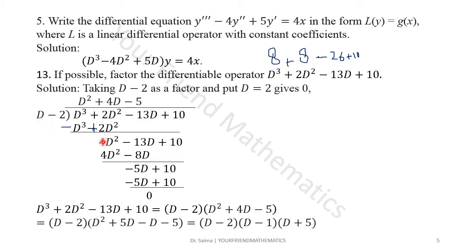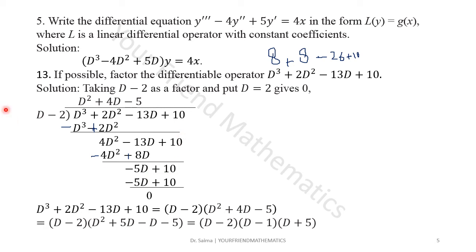Then to get 4D squared we multiply D by 4D. So we get 4D squared, then we multiply minus 2 by 4D, we get minus 8D. Then by changing sign we get minus 4D squared and plus 8D. So the D squared terms cancel out, and from here we get minus 5D plus 10. 10 comes down.